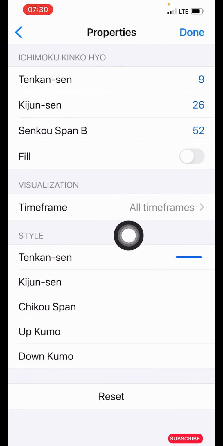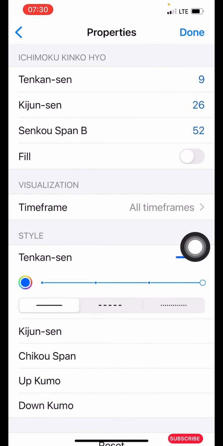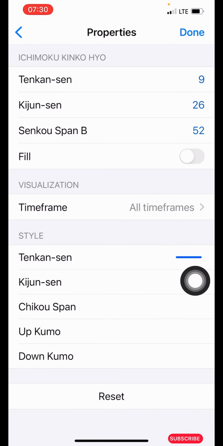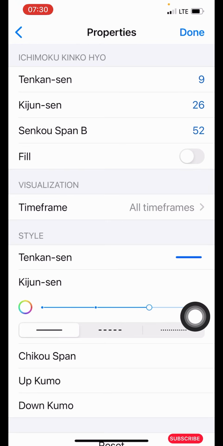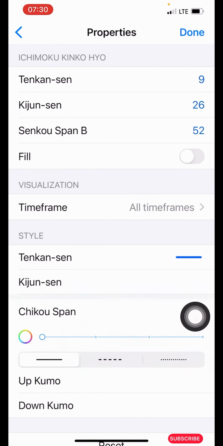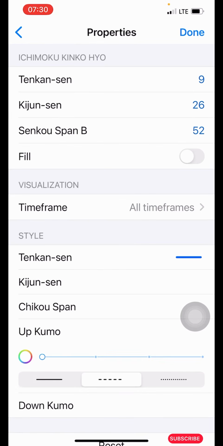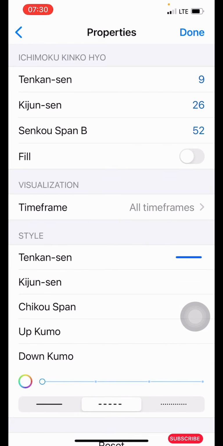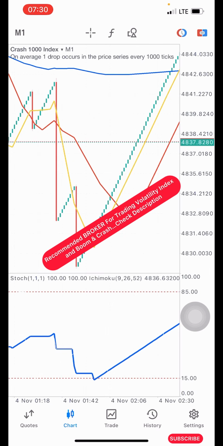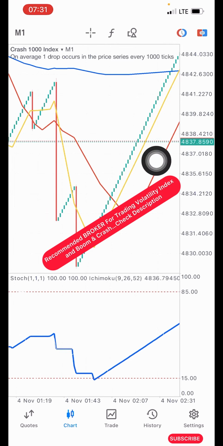Under the style you make the Tenkan Sen color blue, 4 pixel. The remaining ones you make the color of your background, 1 pixel for all of them. After that you click on done. Once you have set everything correctly as I've just explained, you are going to have a screen like this one here.